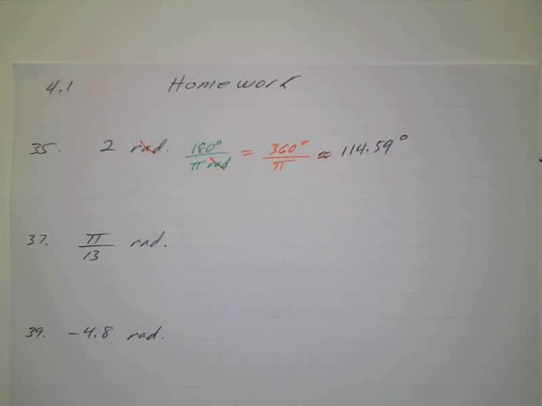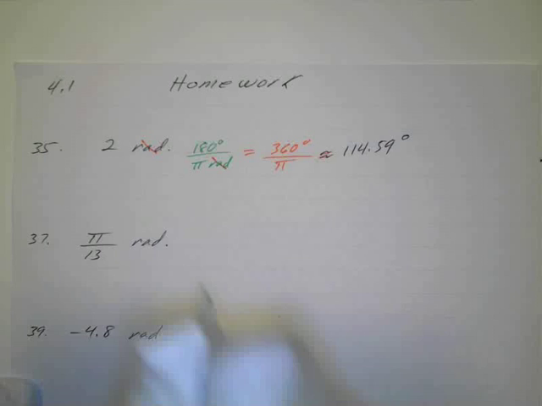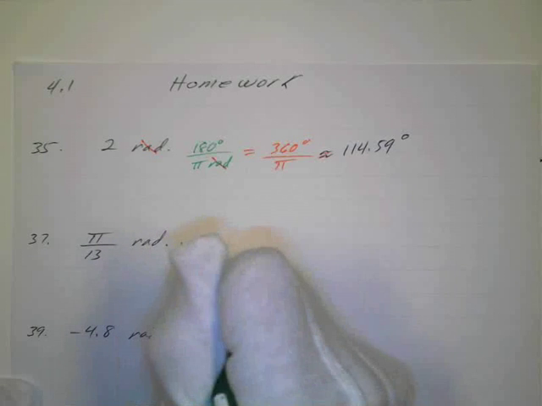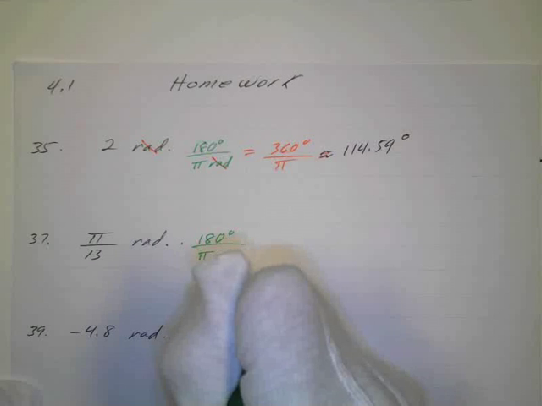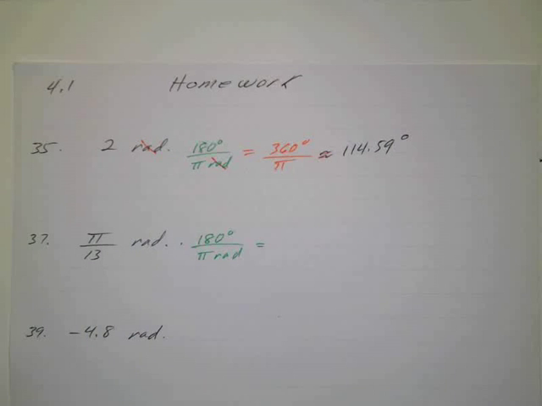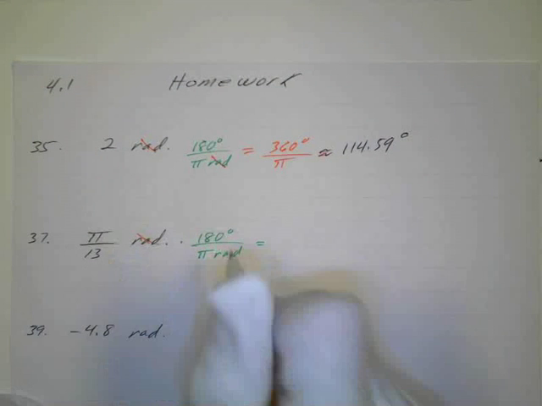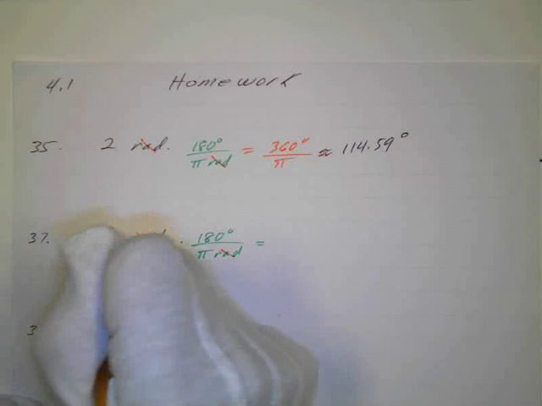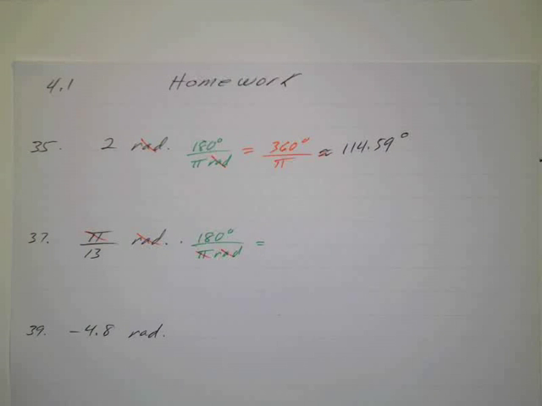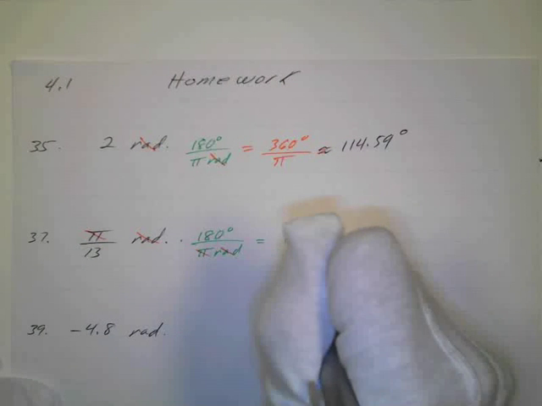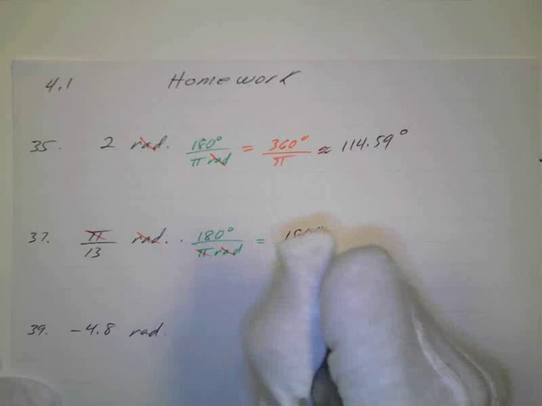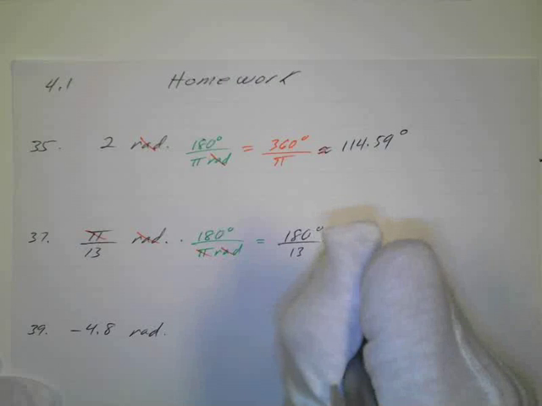Number 37 was pi over 13 radians. So I'll multiply that by 180 degrees per pi radians. And we can see what cancels. Well, the radians cancel. That leaves us just with the degrees, and so do the pi's. The pi's cancel. So we just have 180 degrees divided by 13.